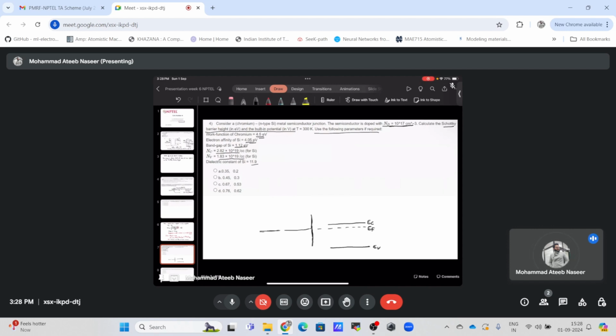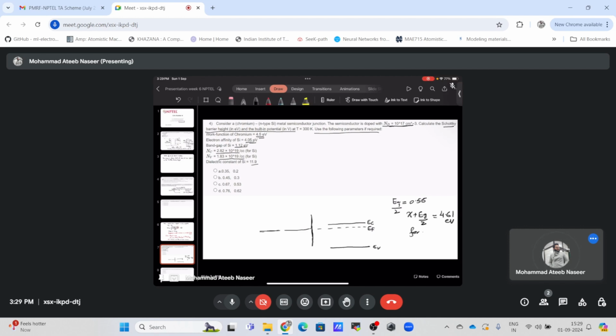Let me write it here: Eg by 2 is simply 0.56, so chi plus Eg by 2 is simply 4.61 electron volts.